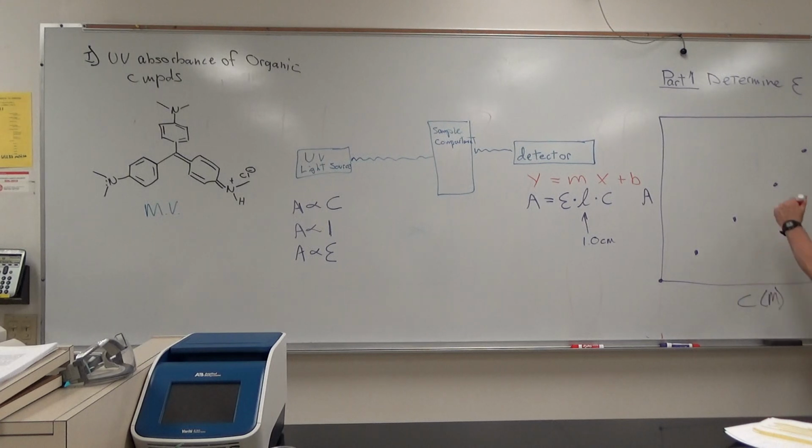Do you care if we put absorbance on the y or x-axis, or concentration on the y or x-axis? Well, since absorbance is your dependent variable and concentration is your independent variable, you could still do it, but that makes sense because there's a convention for that.